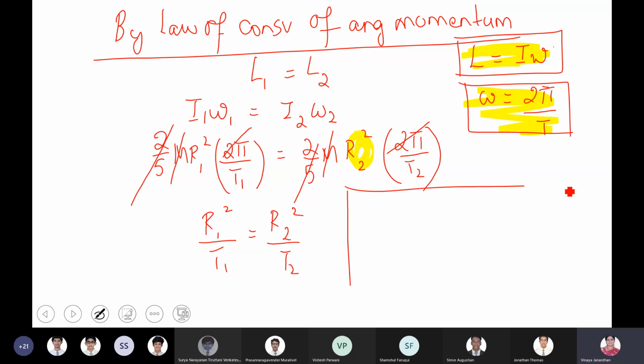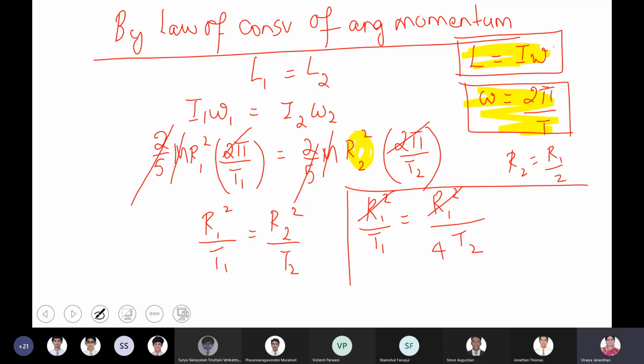So r1 squared by t1 must be equal to what is r2? It is r1 squared by, because r2 is equal to r1 upon 2, so that will be 4 times t2. Is that correct, boys? So these both will get cancelled off.